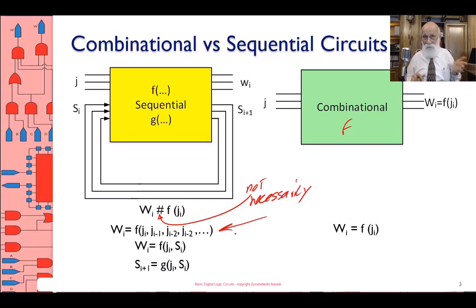Since the day my circuit was created, I keep applying input to it, and my circuit remembers, and then today I give it an input, it remembers everything that has happened, and based on that will provide the output. That's really not possible. The memory cannot be so large. But symbolically, this is what we are saying.